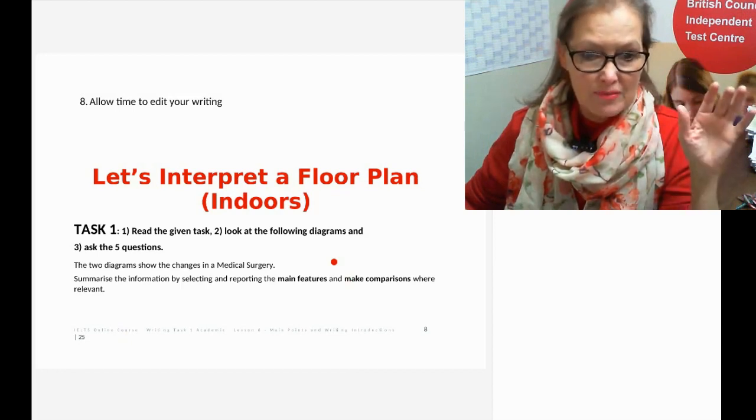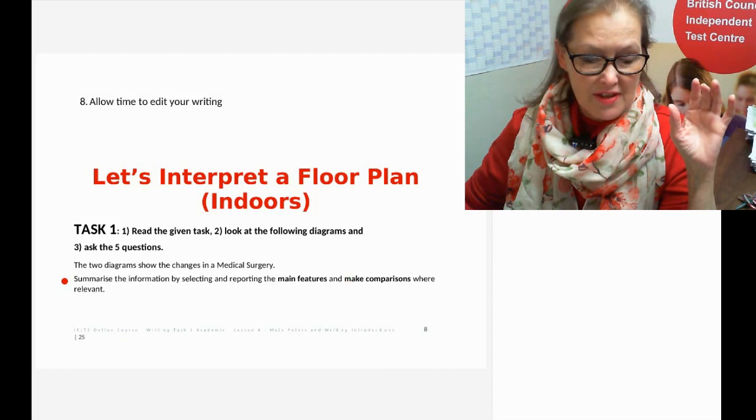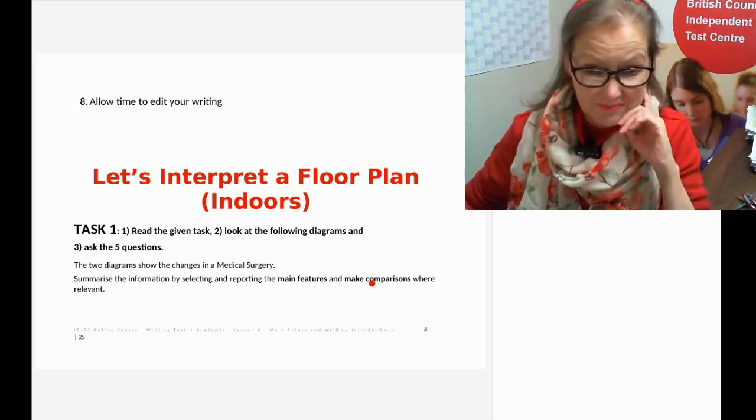The 2 diagrams show the changes in a medical surgery. This is my task, and they will then tell us, summarize the information by selecting and reporting the main features and make comparisons where relevant.